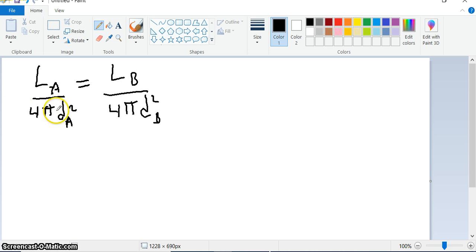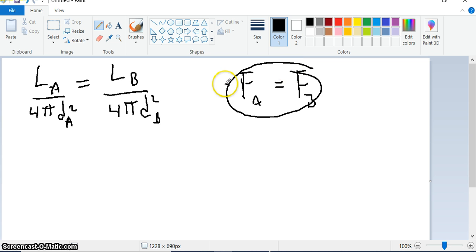Now, how can we set these two fluxes equal to each other? That's really what I just did. I just said the flux of A equals the flux of B, written out in equation form right here.